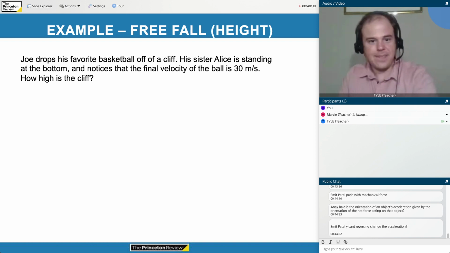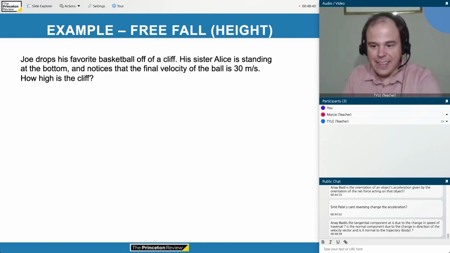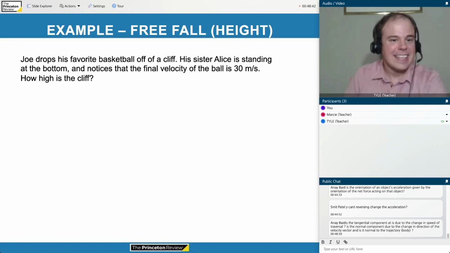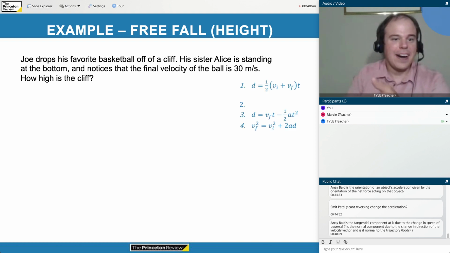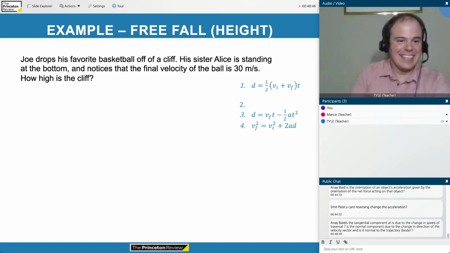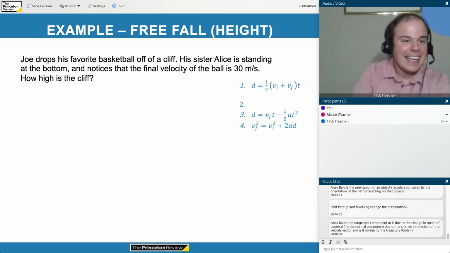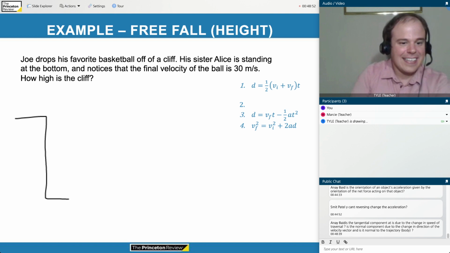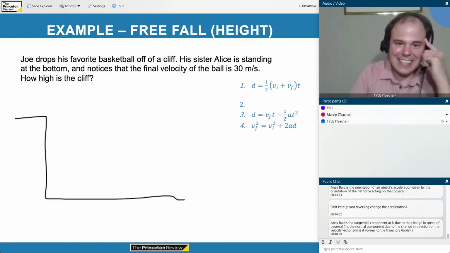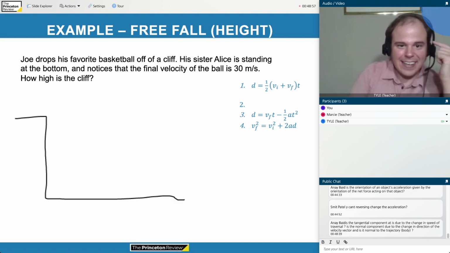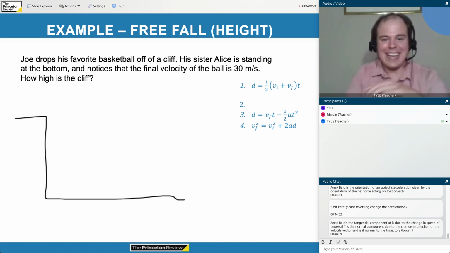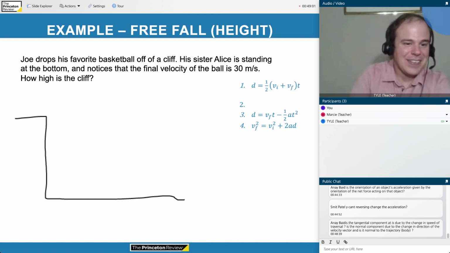Okay, that's fine. So let's do this example together. Joe drops a basketball off of a cliff, and his sister Alice is standing at the bottom. And Alice is the smart one, right? She's clever. She notices that the final velocity of the ball as it hits the ground is 30 meters per second.